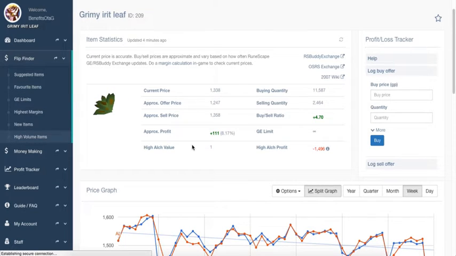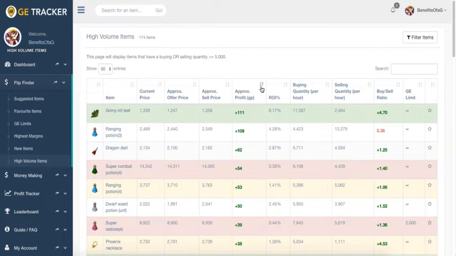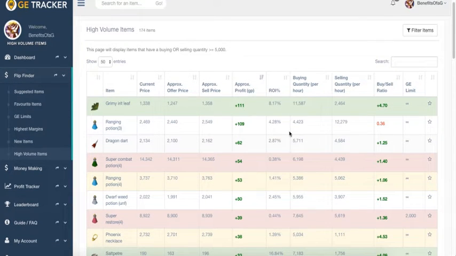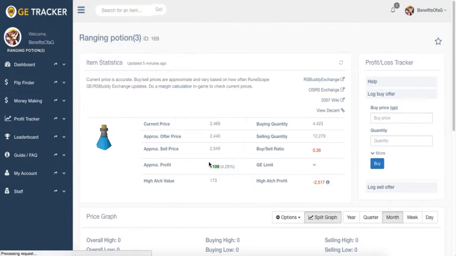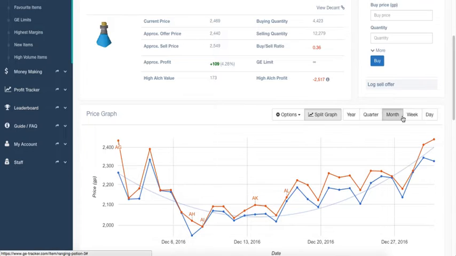Let's go ahead and go to the high volumes tool again. Okay. So now the raging potion. The raging potion again is showing that there is a significant amount of people selling this as opposed to buying it, and the buy-sell ratio indicates that. So this margin right here would be something that I would be skeptical of. And if I click on this real quick, let's go ahead and review this.